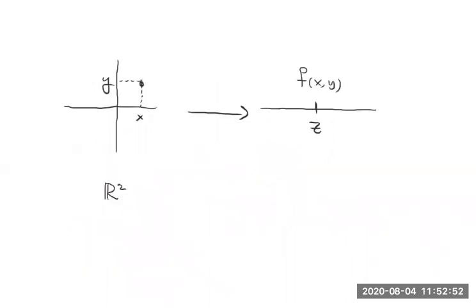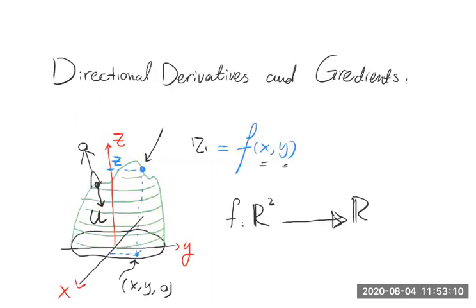Now, I can walk in some direction. I would show it with, say, the direction u. I want to see how the height would change if I walk in direction of u. So if you look at this mountain, if you walk in some directions, for example, if you walk in this direction, the height would decrease, right?